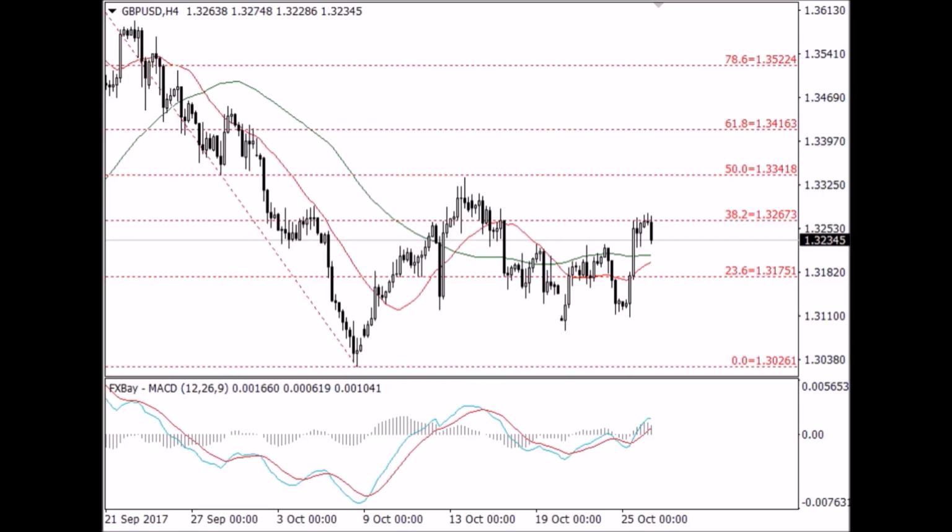Closing above this level will signal further retracement, but it remains in downtrend structure. Only with another closure above the Fibonacci retracement level of 50% at 1.335 does this suggest a shift in trend direction to an uptrend. Then it could surge further towards the next resistance level at 1.341. On the downside, we could see a signal of continuation of the downtrend with a closure below the previous low at 1.302.